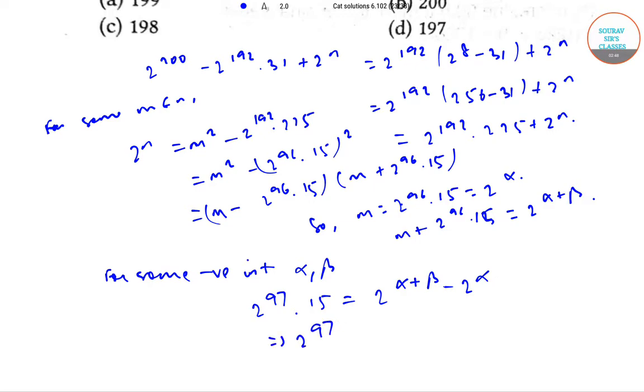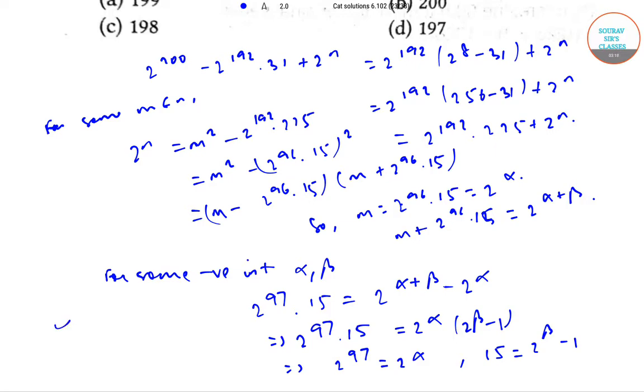That is, 2^97 × 15 is equal to 2^alpha × (2^beta − 1), and from here we get 2^97 is equal to 2^alpha, and 15 is equal to 2^beta − 1.